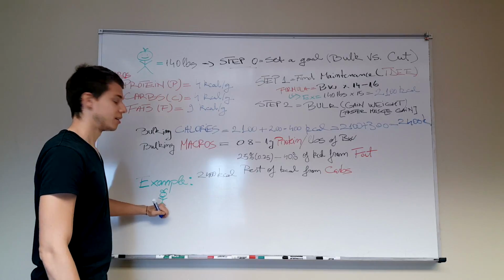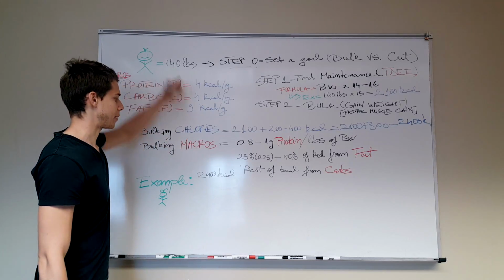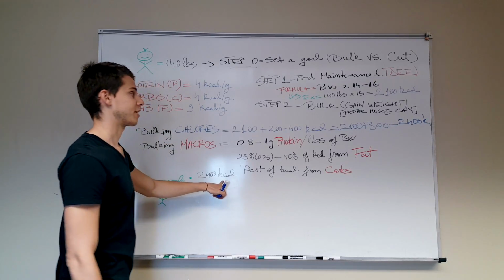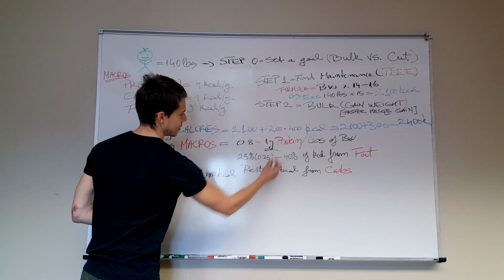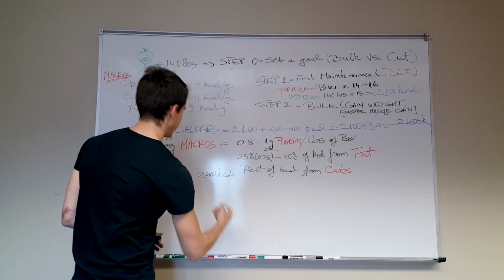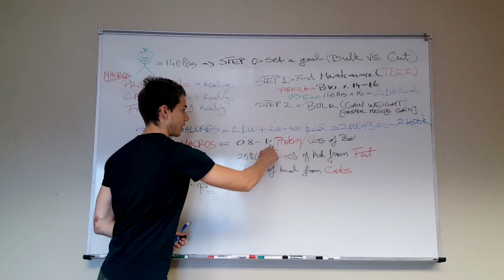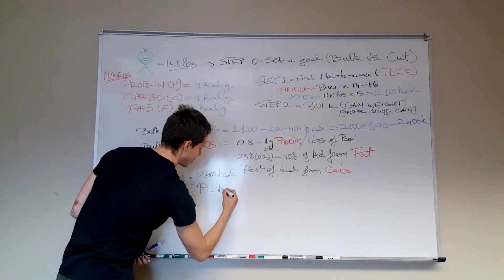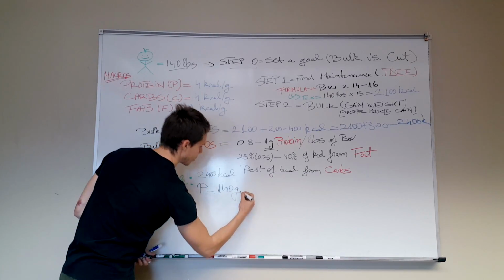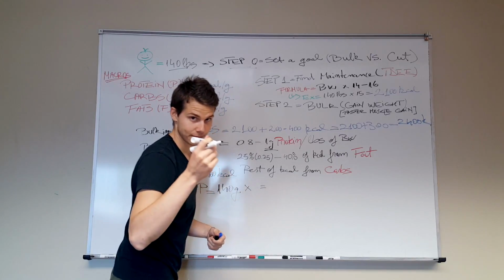So we have me post-accident at 140 pounds with 2400 calories on a bulk. I like to take 1 gram of protein per pound of body weight. So for protein, because I'm 140 pounds, it's going to be 140 grams of protein. Let's use the proper marker.